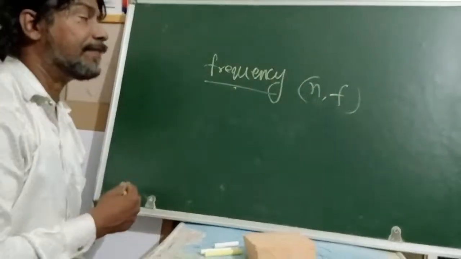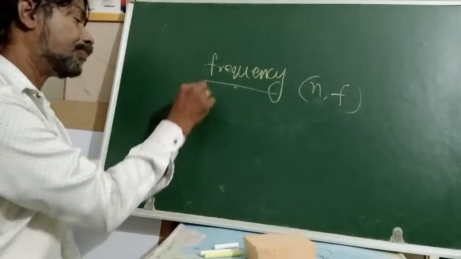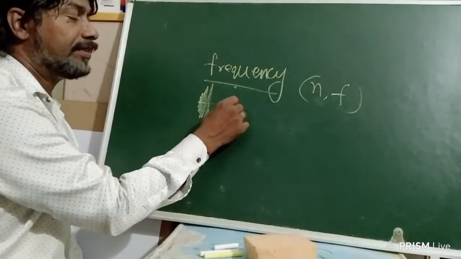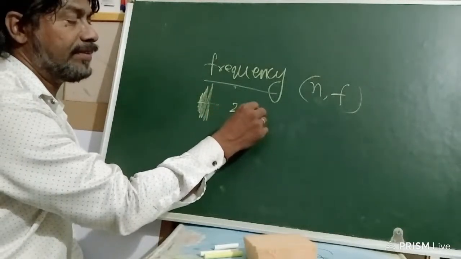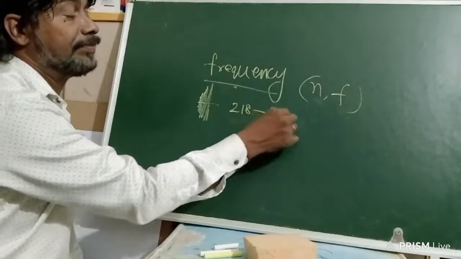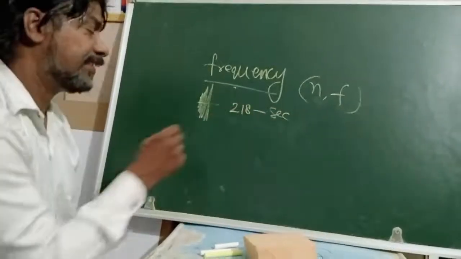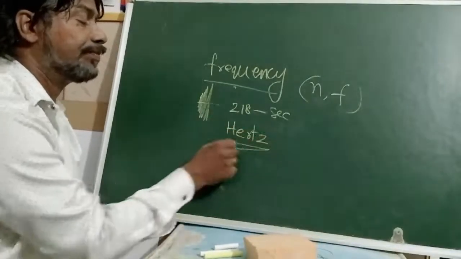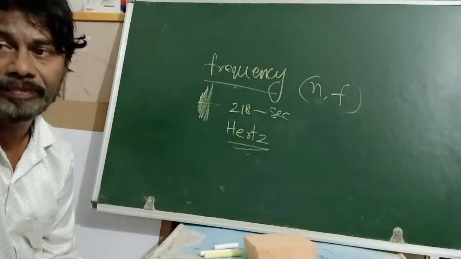N or F. And suppose a particle is vibrating 218 times in a second, its frequency is 218 hertz. Hertz is the unit for frequency.